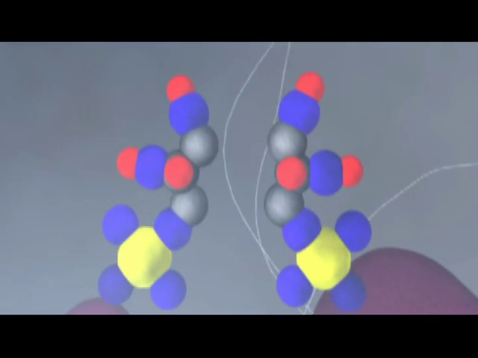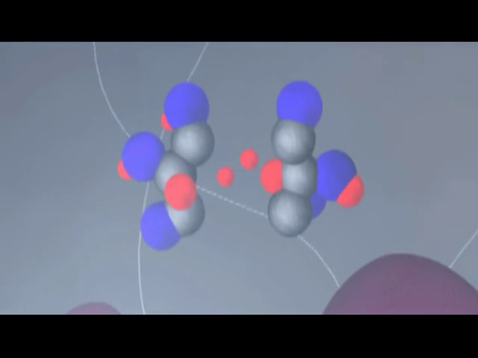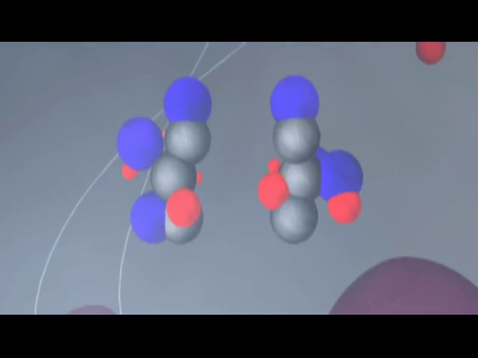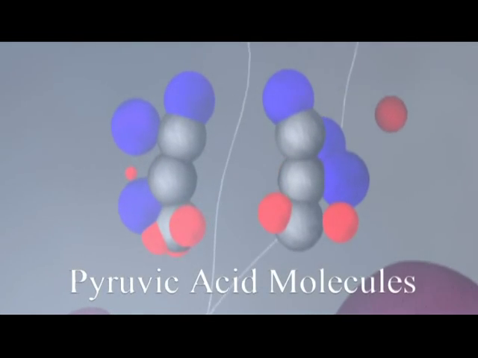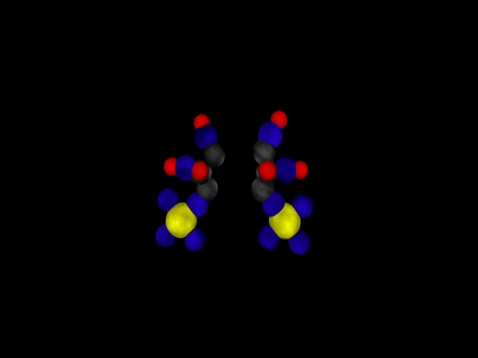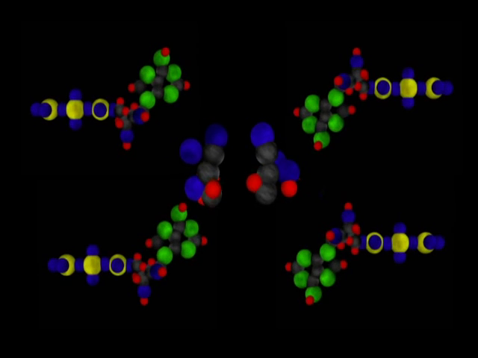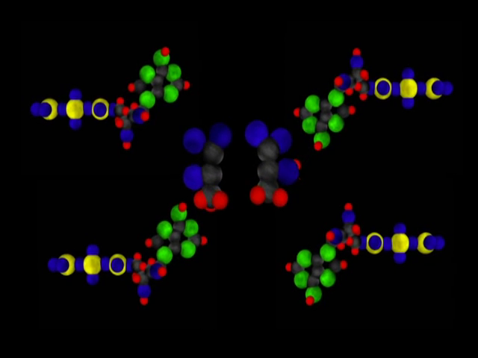After the PGAL molecules are formed, they go through a series of reactions that end with the production of 2 molecules of pyruvic acid, one from each PGAL molecule. The reactions that transform PGAL molecules to pyruvic acid also generate 2 ATP molecules from each PGAL molecule converted to pyruvic acid, for a total of 4 ATPs for each original glucose molecule.